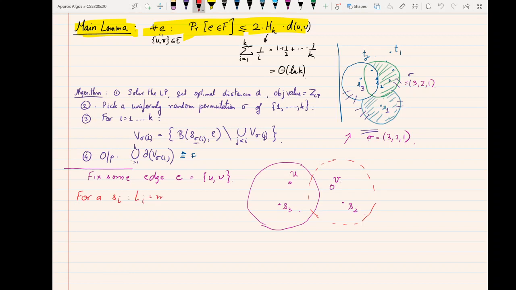Let Li be the minimum distance to either of this pair, so it's the minimum of d(si,u) or d(si,v), and of course Ri is the maximum of the two. So for s3, the minimum distance is to u and the maximum distance is to v, with the corresponding distances, and similarly for the others. So, of course, an si has a chance of cutting the edge uv if the random radius lies between Li and Ri. That's what we have seen.